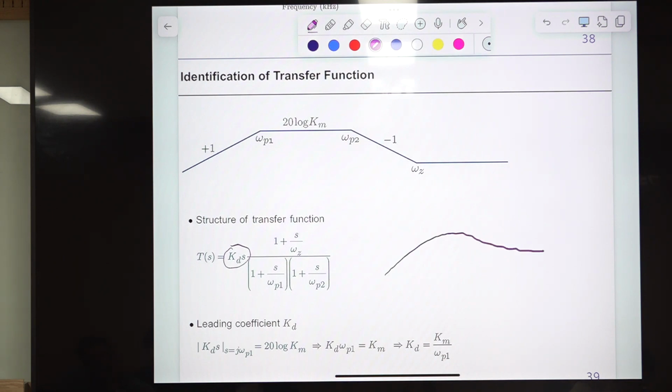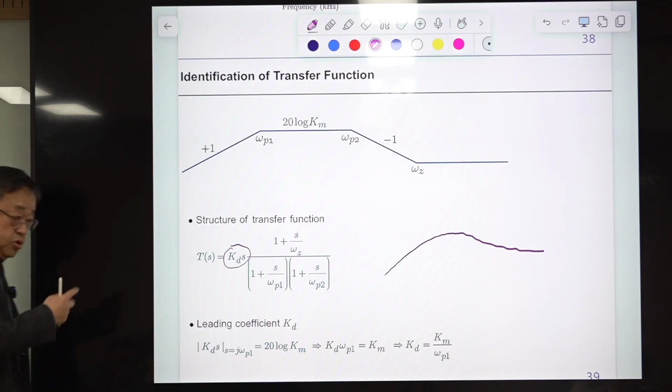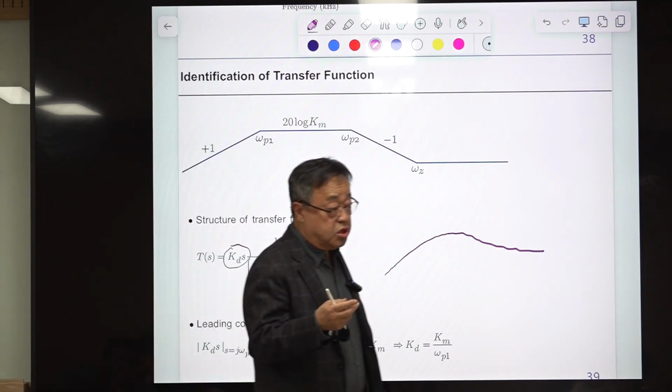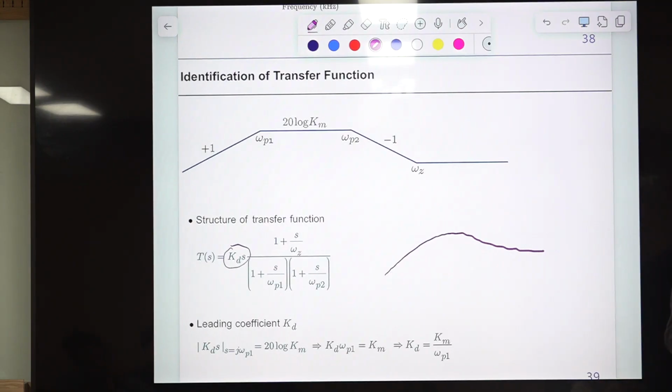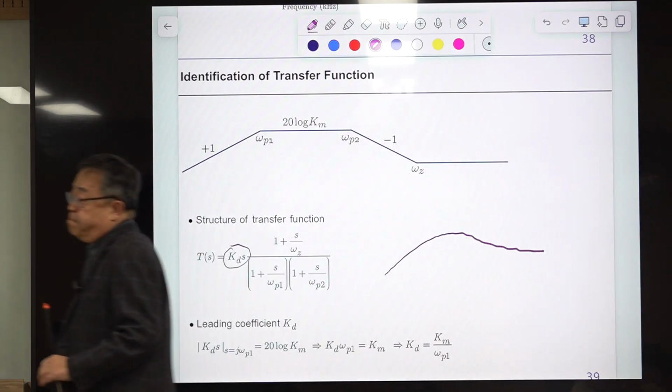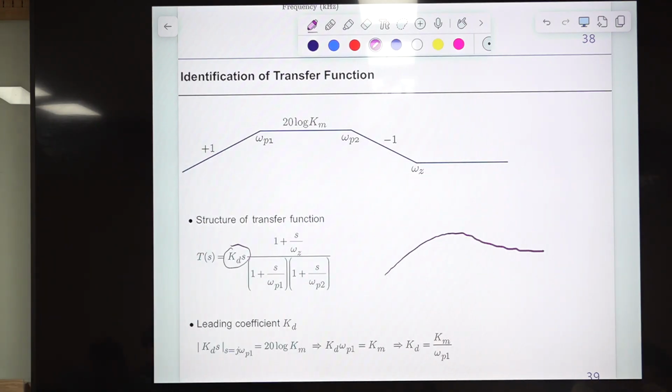Or you obtained this curve from a small signal simulation using a small signal model, or a time domain simulation based on a computational method. Then what is the transfer function of this? It's not easy to see here. But if you plot the asymptote of this, the asymptote is this one. This is the low frequency asymptote, and this is the mid-band asymptote.